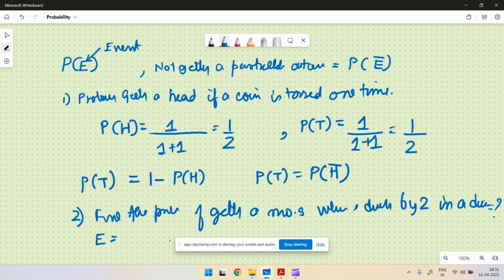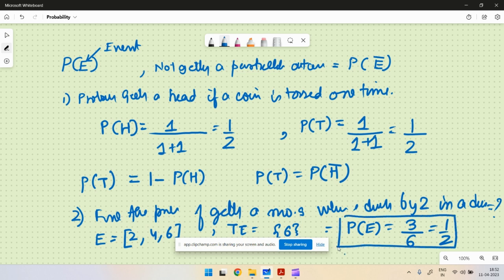The favorable outcomes will be 2, 4, and 6, because a dice consists of only the integers 1 to 6. Now, how many total events are there? 6. So the probability of getting an even number, or a multiple of 2, is 3 by total 6, which is nothing but 1 by 2.